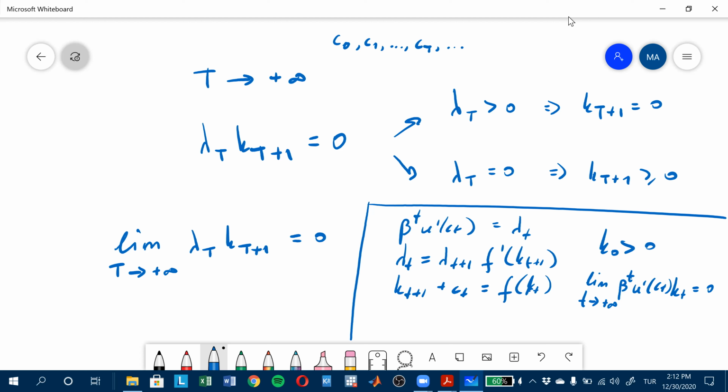You are choosing K1, K2, KT, and that goes on. You are choosing lambda 0, lambda 1, lambda t, and that goes on. Okay, you are choosing all these. And one other problem is that in problems where there is an analytical solution, you do not find this policy function.